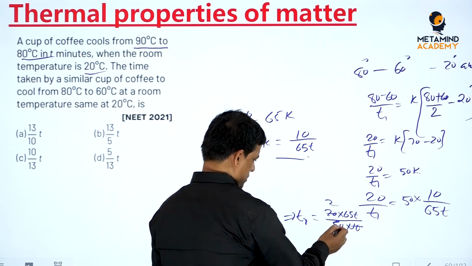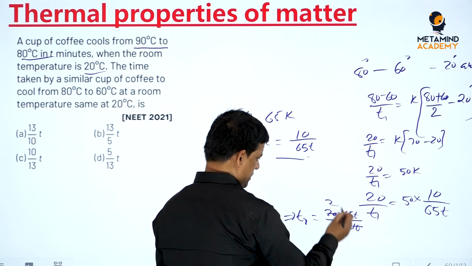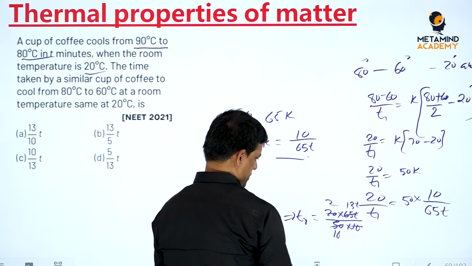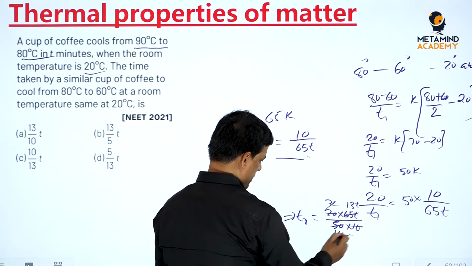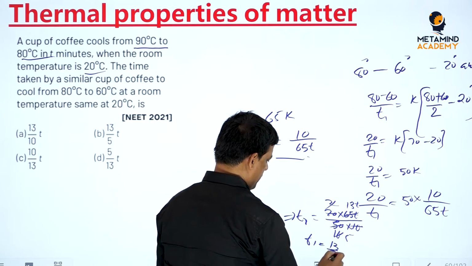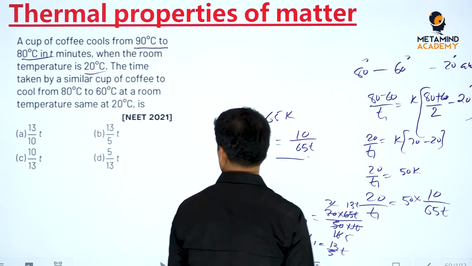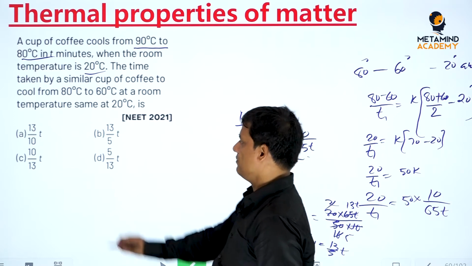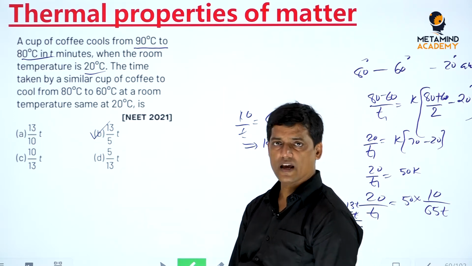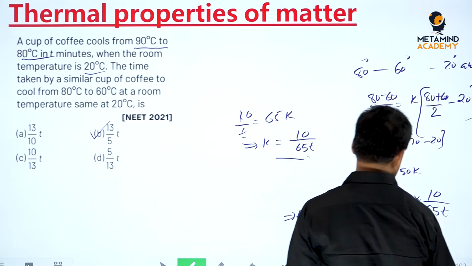T1 is coming as 13 by 5 times T. So, this is the answer for you. Let us go to the next.